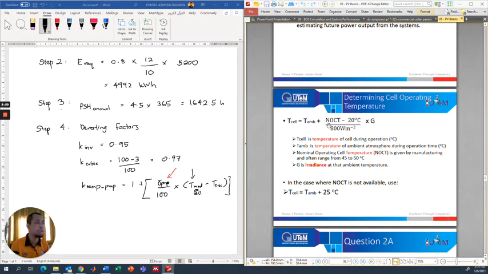If we don't have the NOCT value, then we use the second method, which is 34 plus 25. Because if we refer to the data sheet, there's no NOCT value, we are going to use the second method, plus 25.